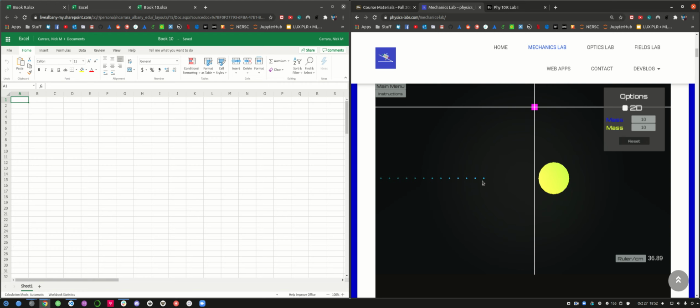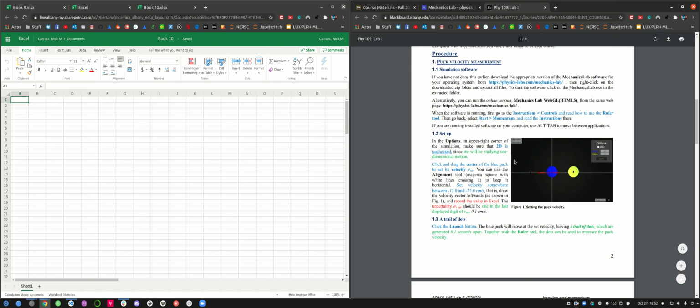And each of these dots here, I believe, represents a tenth of a second. Let's see, just to make sure. Yeah, each dot is generated a tenth of a second apart.